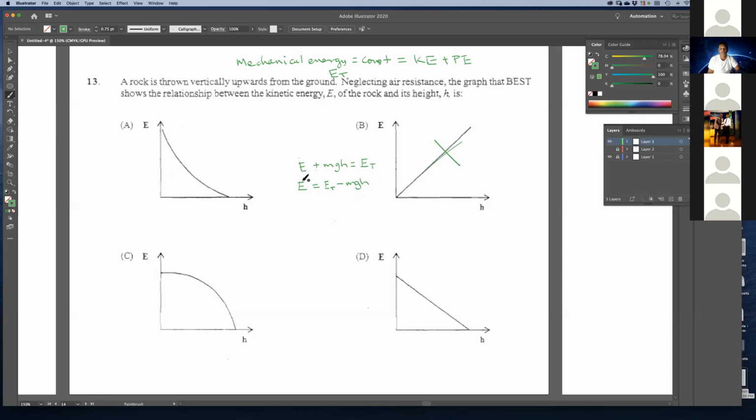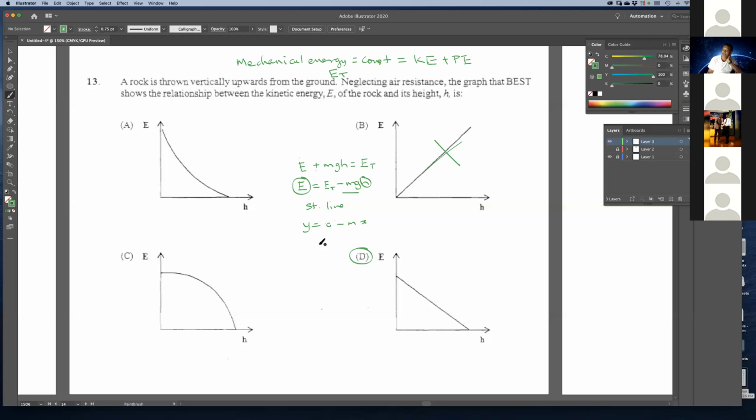So if you look at the relationship between E, the kinetic energy, and h, the height, you can see it has a negative slope, negative mg. But the important thing you can see is that it's a straight line function. It's of the form y is equal to c minus mx, or mx plus c. And therefore, this is a straight line, and therefore the answer has to be D.